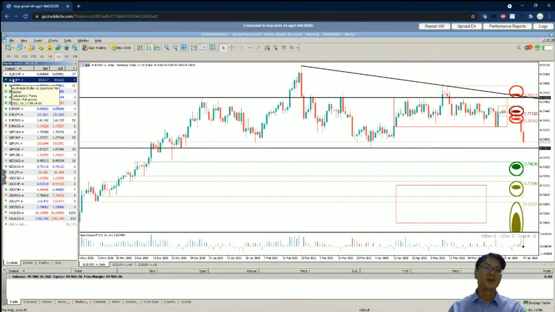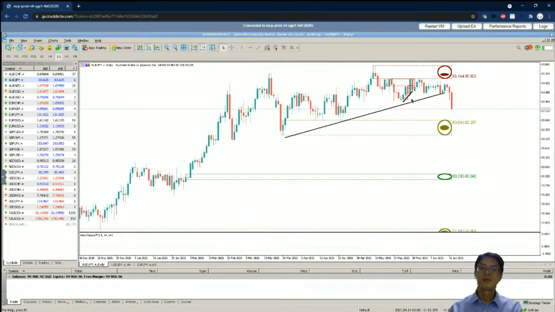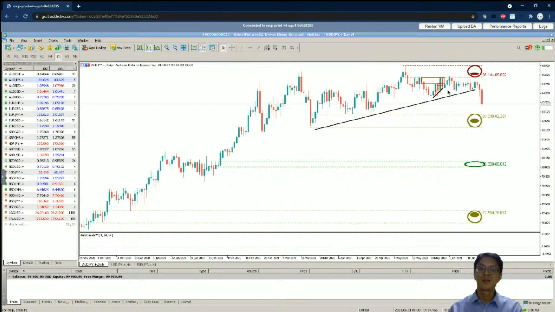If we look at the Aussie yen, it's similar, although this line here did break.